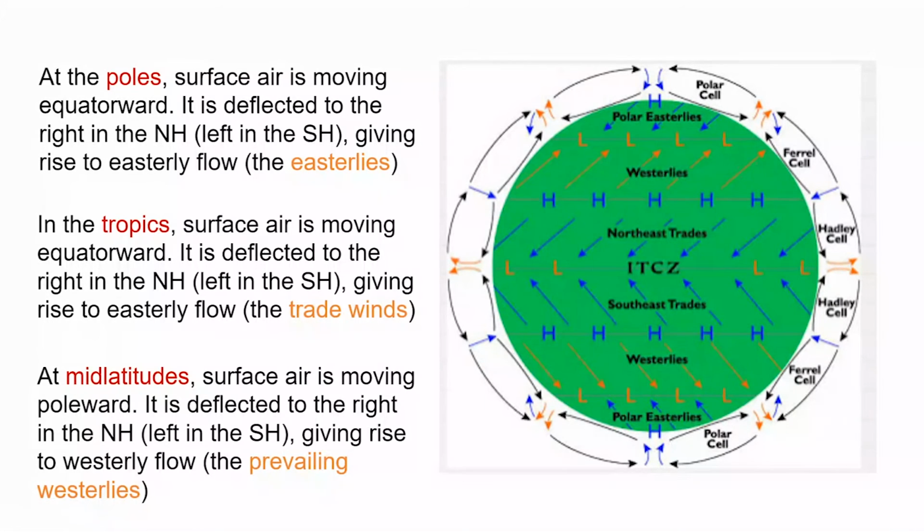Actually the wind should blow in this direction, but due to the Coriolis force, it takes a left side curve, so therefore they are curved like this. These are called easterlies.